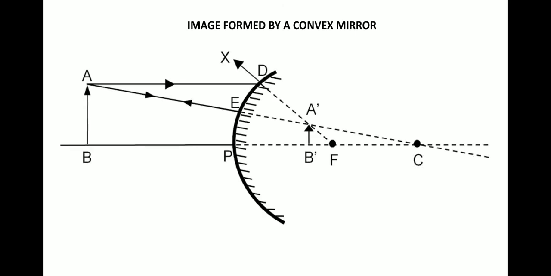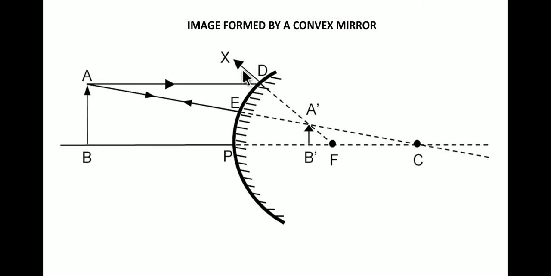Next we'll move on with the image formed by a convex mirror. So here is the picture so that you can understand. AB is the object over here. Whether this AB lies very close to the mirror or away from the mirror, all the types of image formation are similar. The first ray becomes parallel to the principal axis and it follows the rule of reflection and gets reflected.